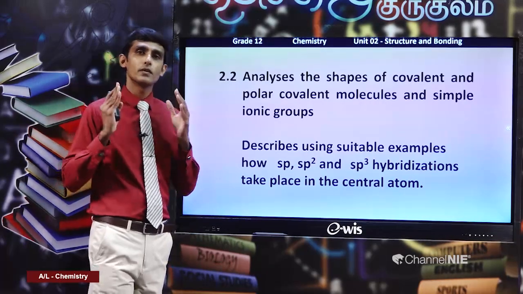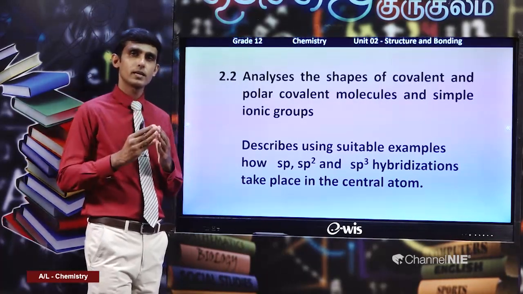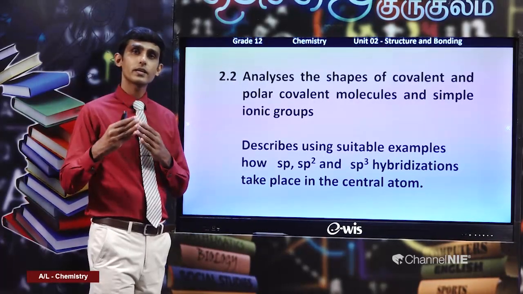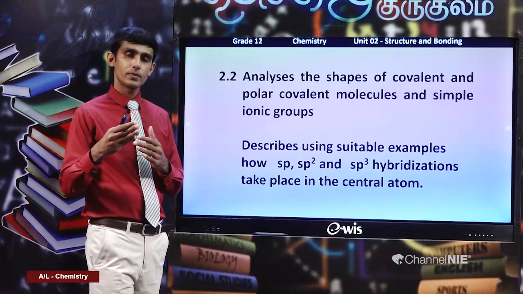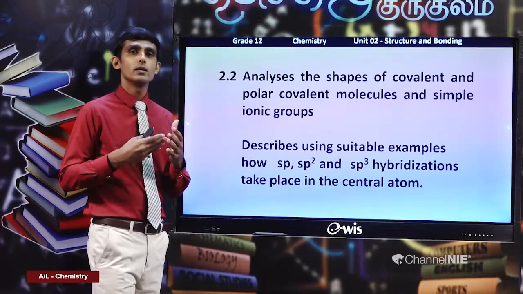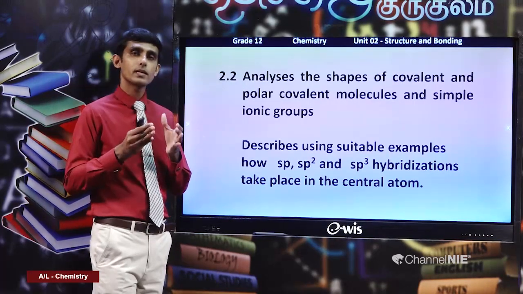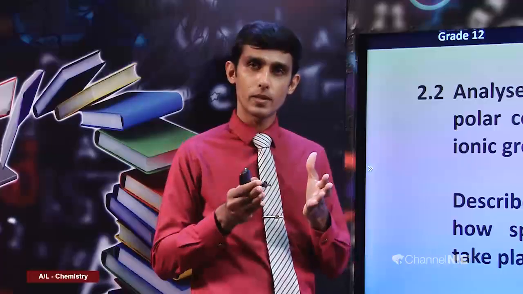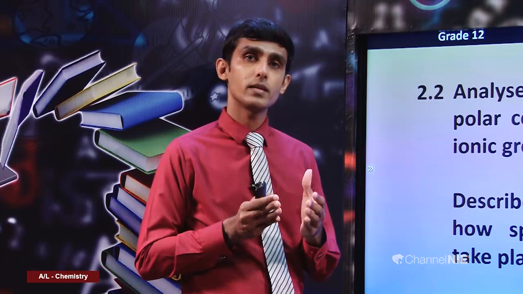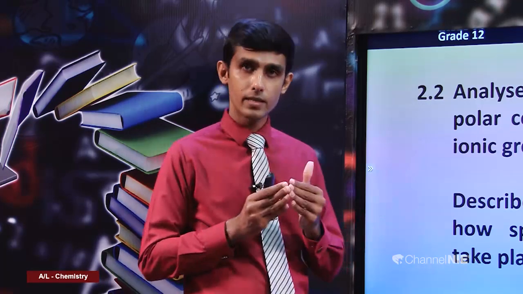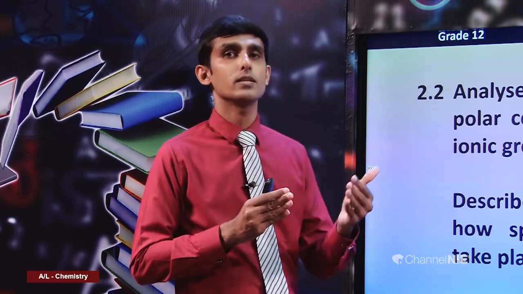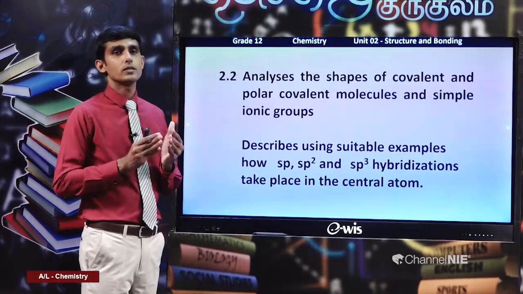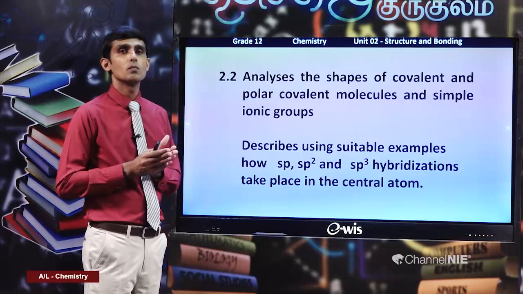That means if you know the group number of a particular element and the valence shell configuration of the element, then you can get an idea about the way that element is going to form bonds. So that part I will explain, and after that we will explain hybridization in detail, and then in the next lesson we are explaining about the geometries or shapes of molecules.